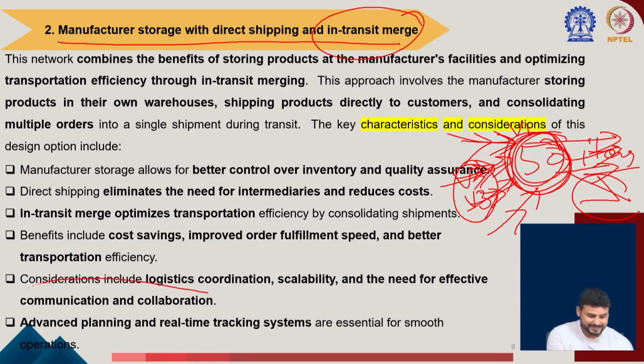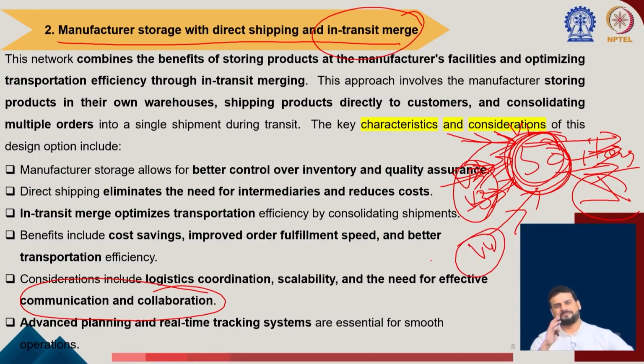But for ensuring that, you need to set up a very strong communication and collaboration network. When your manufacturer 1 is transporting, when your manufacturer 2 is transporting, you must have that complete information, because you are waiting for the 4th vendor. You have received the items from the first 3, but you are still waiting for the 4th and you have no updates on that.